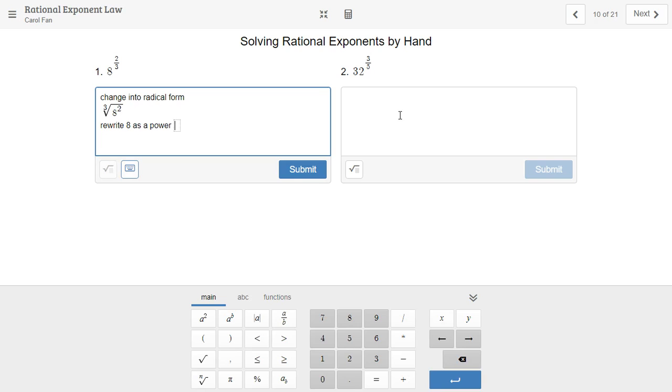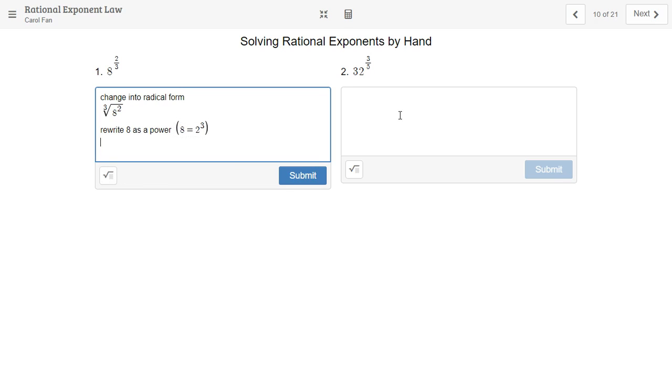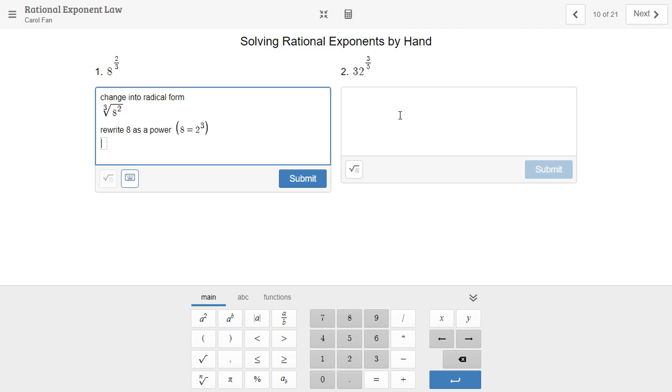Now remember we said that 8 is equal to 2 to the power of 3. And that's what I mean. I'm going to rewrite the base, or the radicand, 8 as a power. So now I have the third root of 2 to the power of 3, all of it raised to the power of 2.